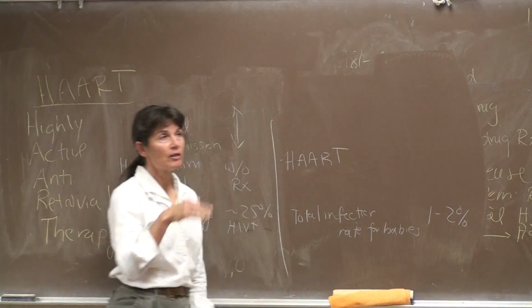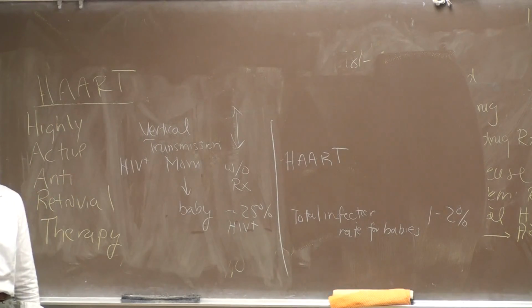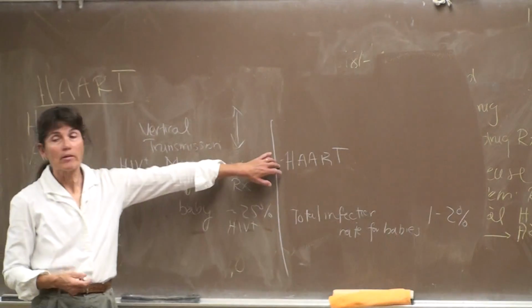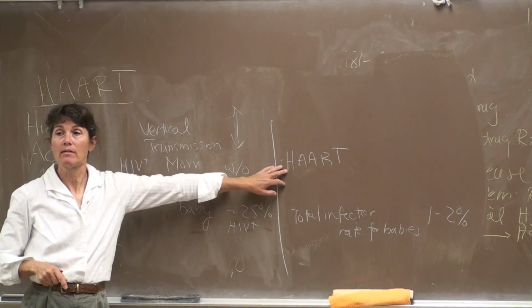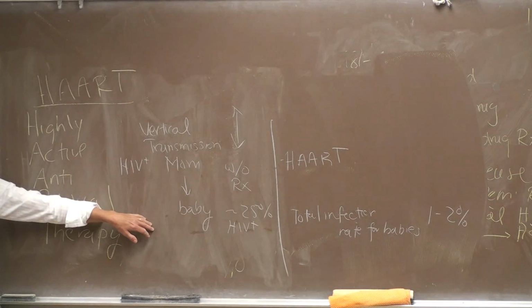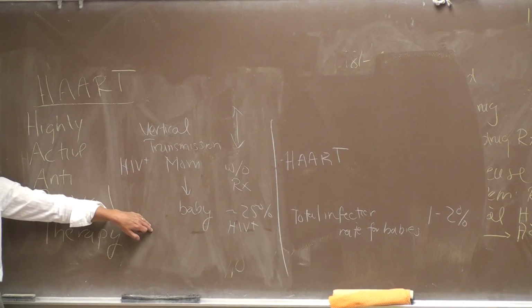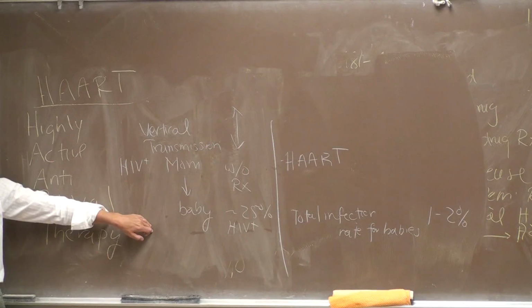So of 100 HIV positive pregnant moms who give birth, if heart therapy is available, only 1 to 2 of those babies will become HIV positive. In contrast, if no heart therapy is available, 25 out of every 100 babies will be born HIV positive. I mean, that is so huge.